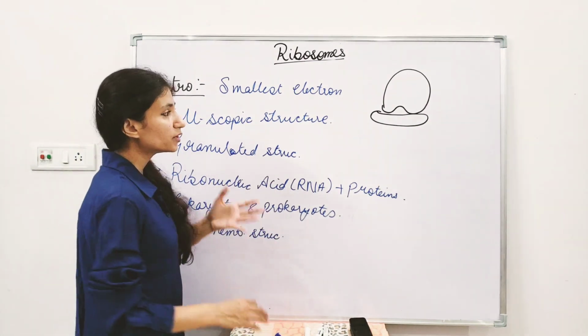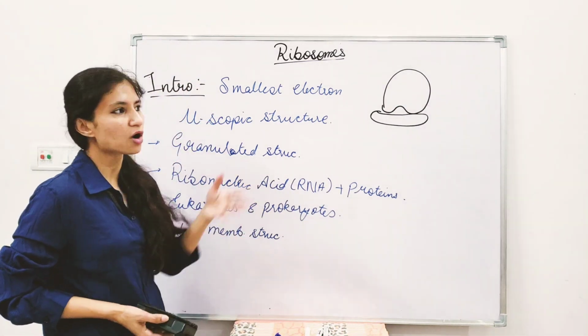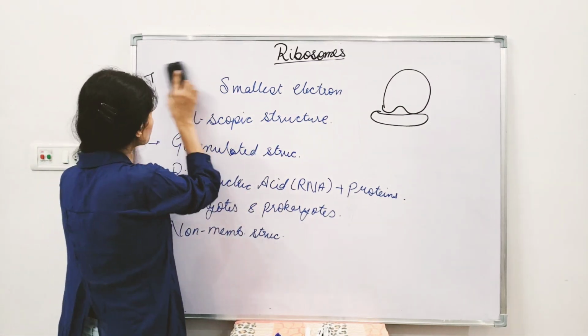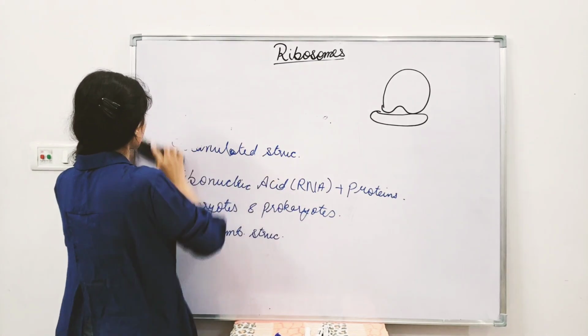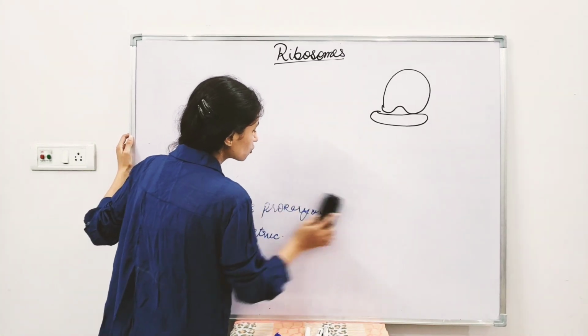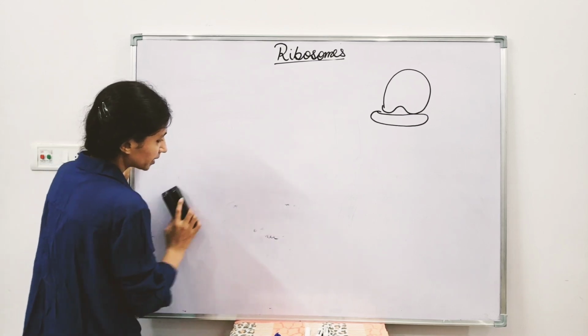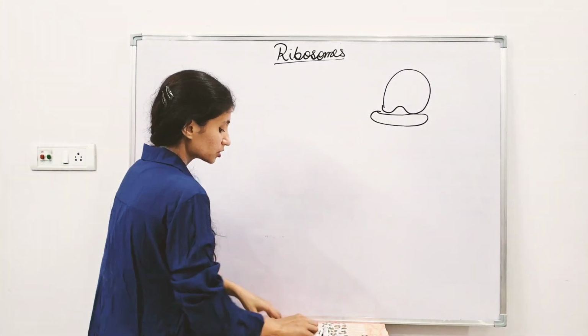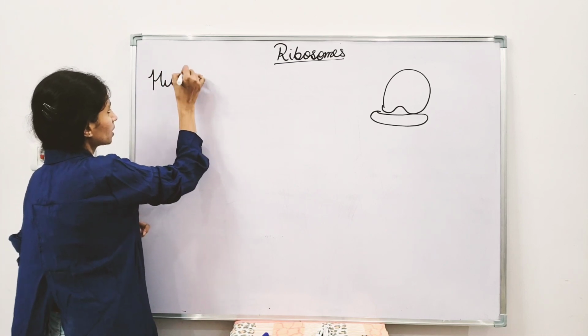Now moving ahead, we will discuss a brief history of ribosomes, like who discovered ribosomes and when they were discovered. The ribosomes were discovered in the year 1944 by a scientist named Claude.